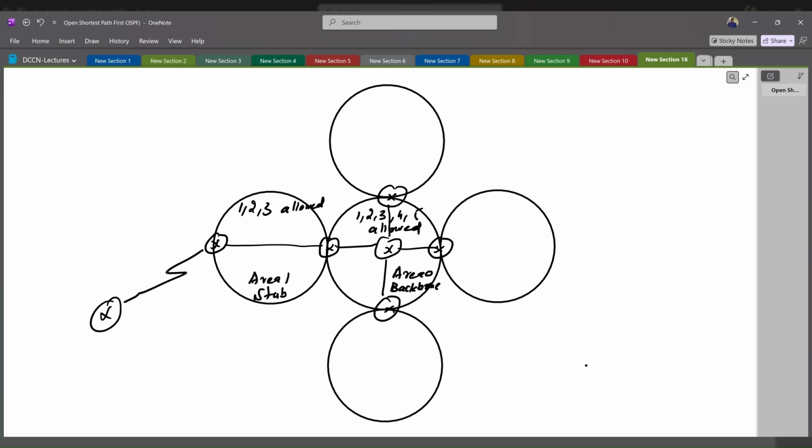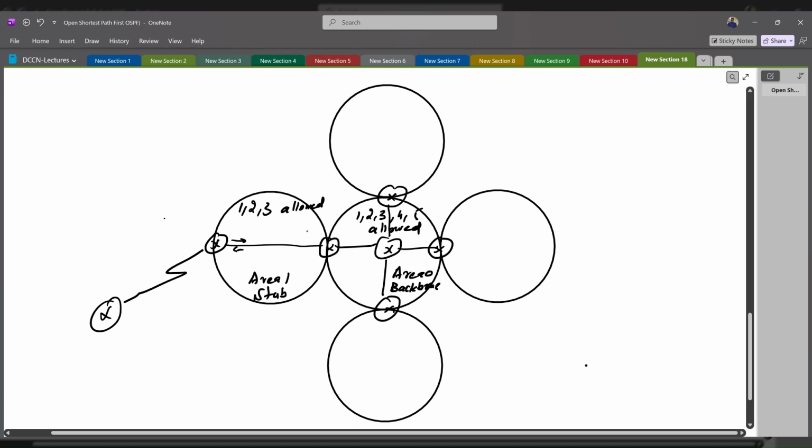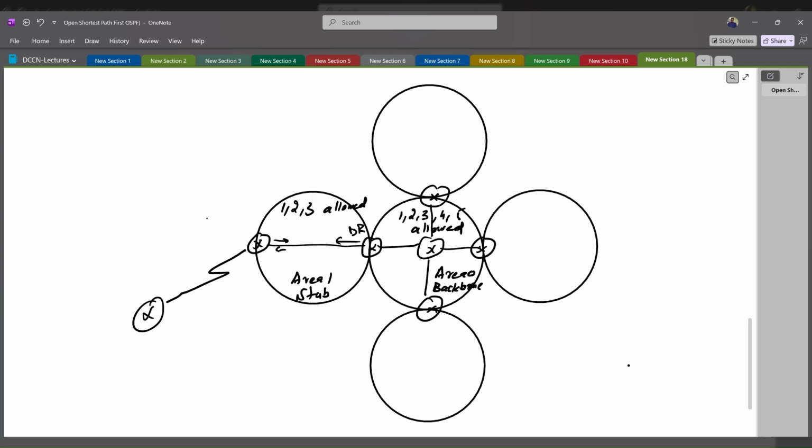What is LSA 1? A router can send update messages to its neighbor and can receive updates from its neighbors. What is LSA 2? It is network-wide information. Maybe this router is the designated router, DR, and the designated router will send the information about all the other routers in the area.